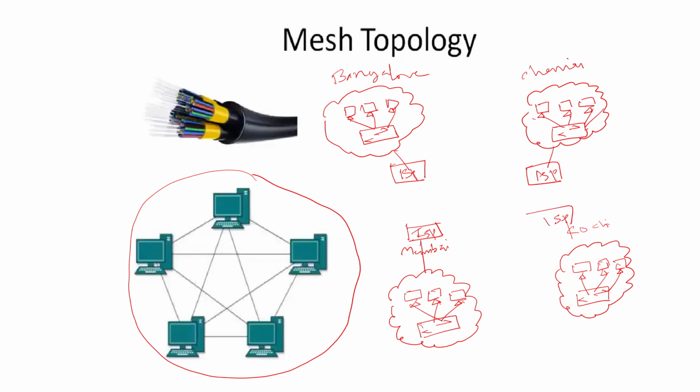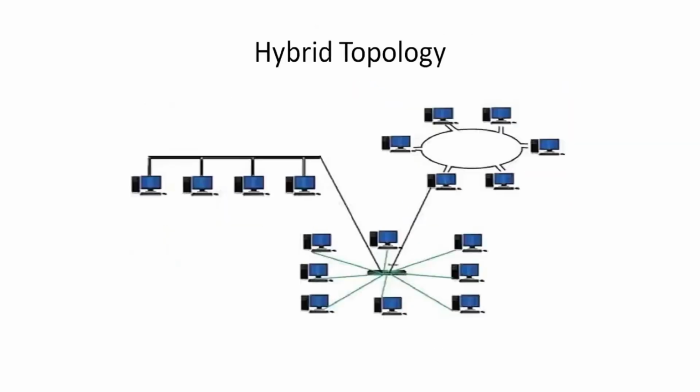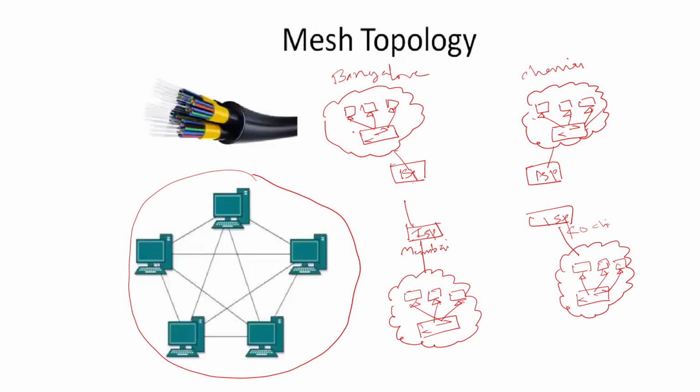This one would be in Cochin. So the ISPs are already interconnected to each other. It would be like this, like this, like this, like this.